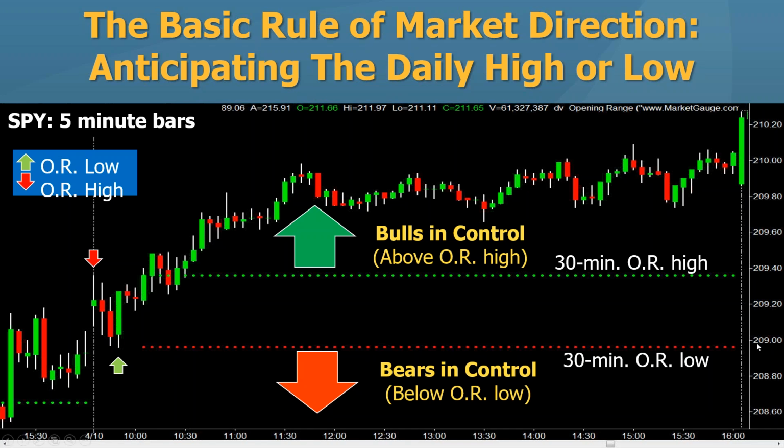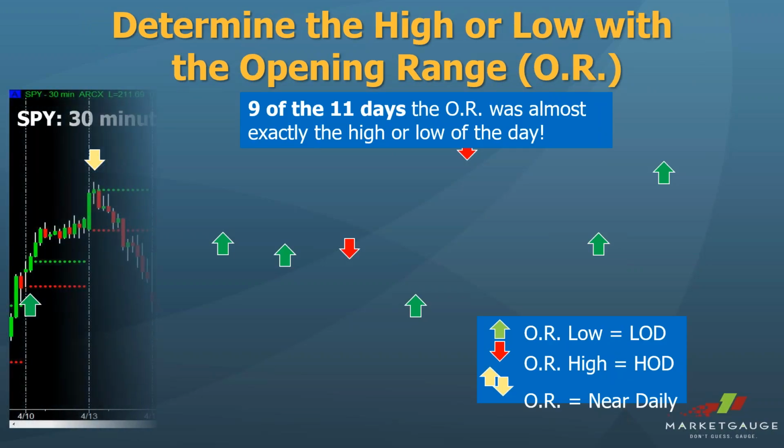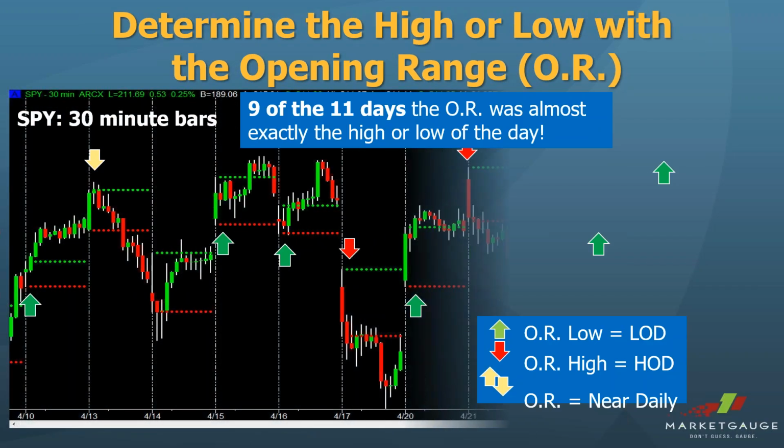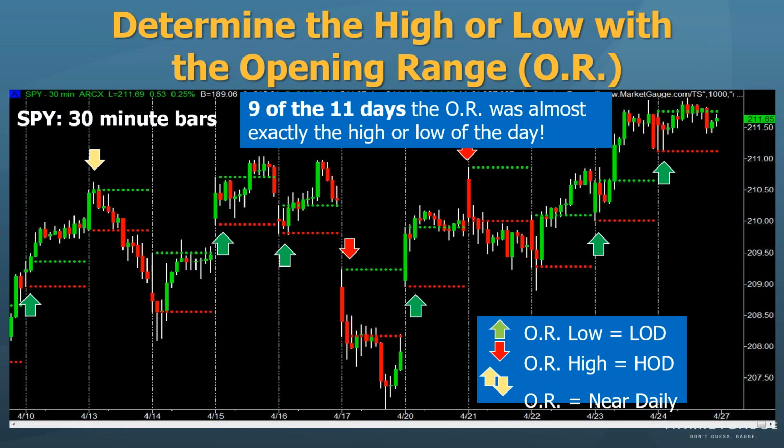Now, if we use that as a basic definition, let's look at the 30-minute bars now. And I just took a choppy period of the market and I put a green arrow where the low was the first 30 minutes, a yellow arrow if the high was close to the first 30 minutes, and a red arrow if the high was the 30-minute high.